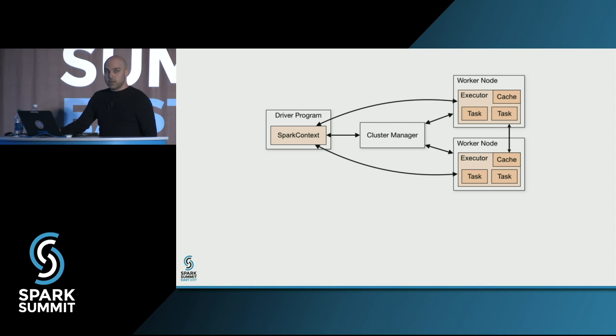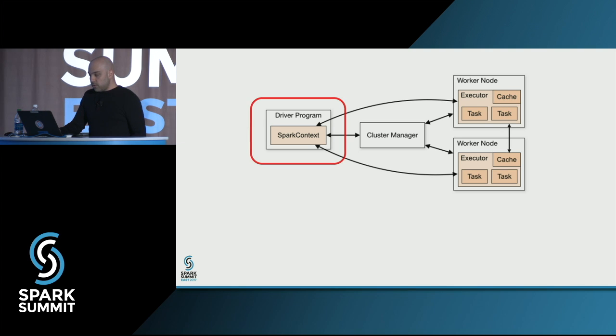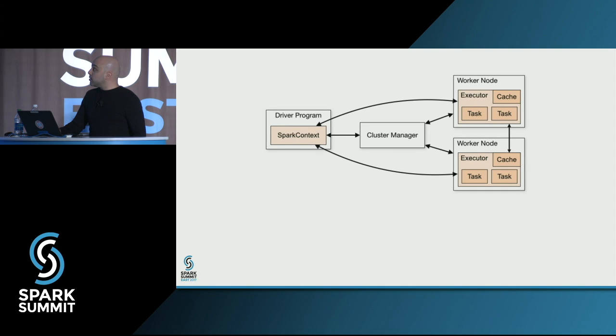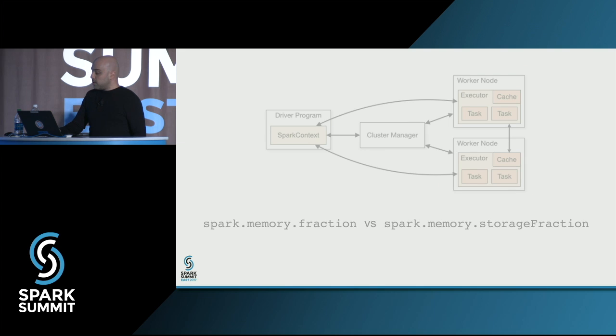You can tune these things to avoid such errors in two different ways, because things can go wrong in two different places: either on the driver side or on the executor side. You can avoid such errors by tuning several parameters.